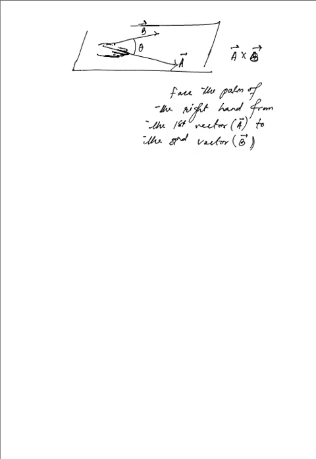All right, you are now having the face of your palm from A towards B, and you have extended the four fingers. The four fingers are pointing towards A. You curl them from the sense A to the B.